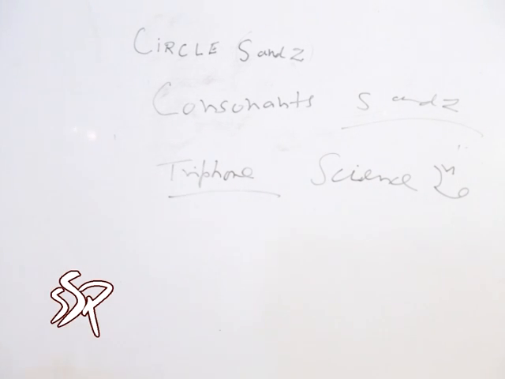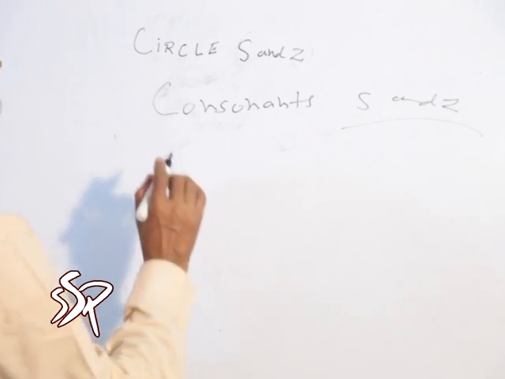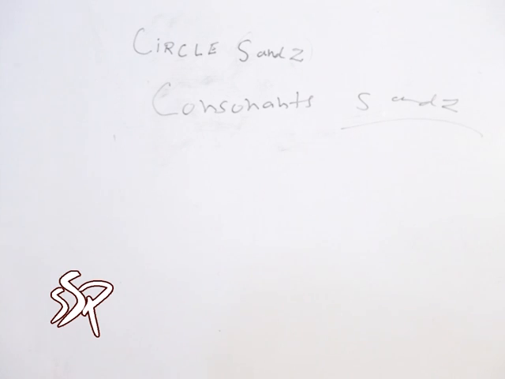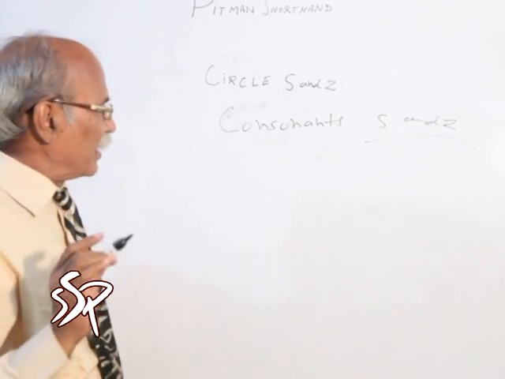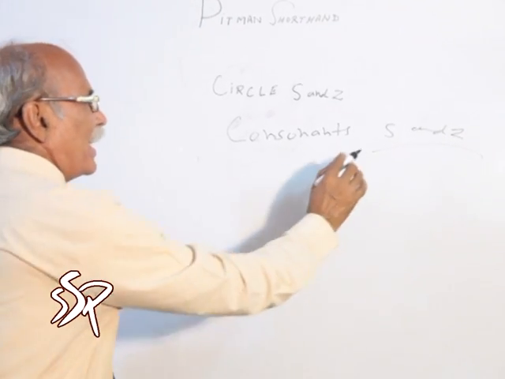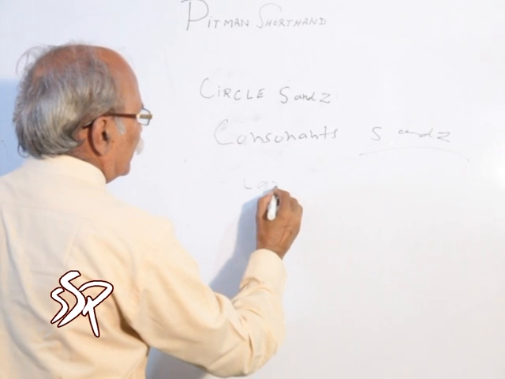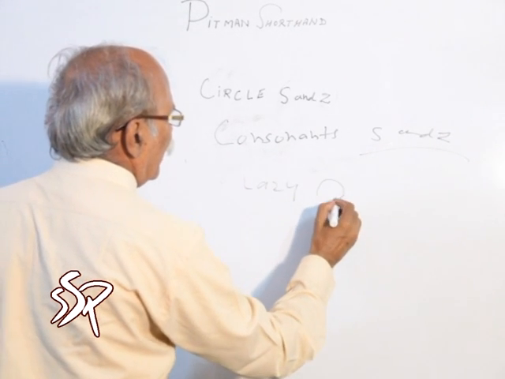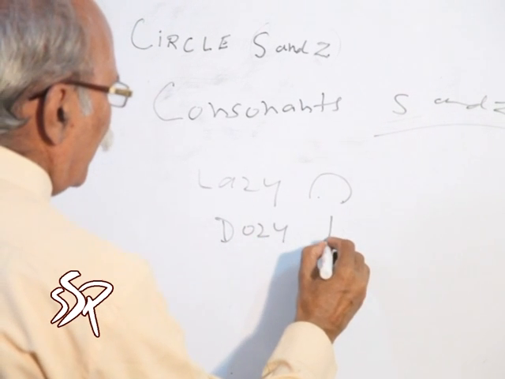Then third, when a vowel is used in the final of the word, then the consonants are used, not the circle, like lazy, dozy.